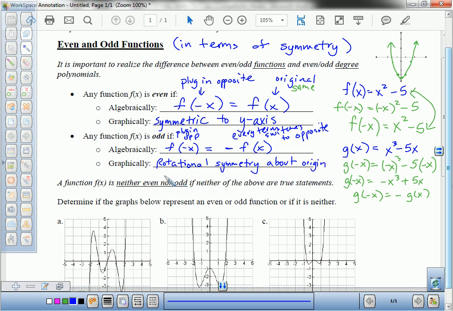So what that means is if I rotated the graph 180 degrees, a 180 degree rotation around the origin, then it falls right back on top of itself.